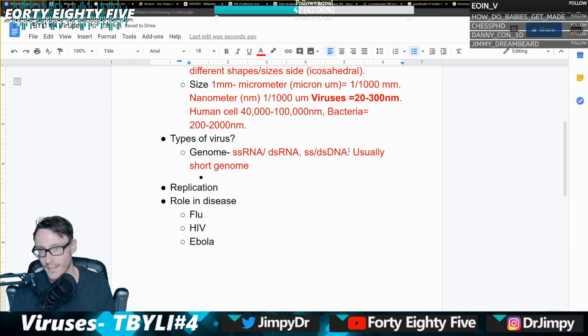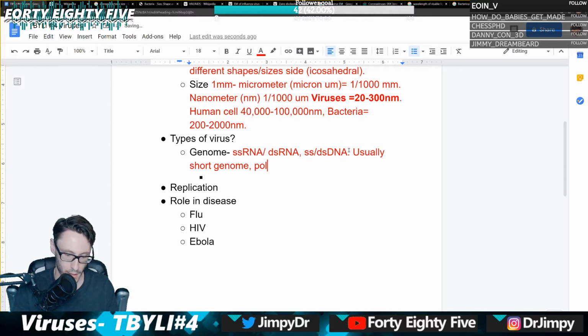What I will say is that usually what will happen is you'll get a single polypeptide being produced from that genome that will then get cut up into its respective proteins. This is different to how a lot of mammalian proteins work, where they're actually set pieces of a gene that are set pieces of a protein that are produced in full, like one protein is produced, rather than this polyprotein that's produced.